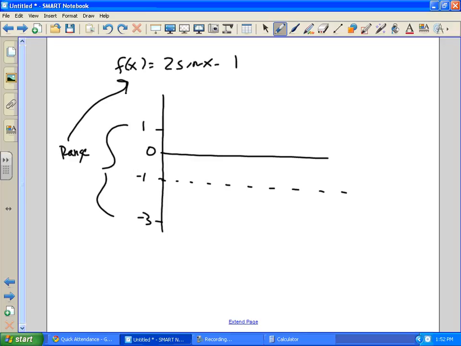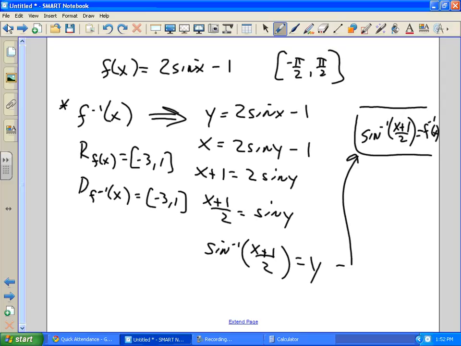Well, we know in inverses, the ranges and the domains switch. So once I get the range of the original function, isn't that the domain of the inverse? And there's how we did the problem. I think the hardest part is finding the inverse and then understanding what the range is. And then once we're there, the rest is a piece of cake.